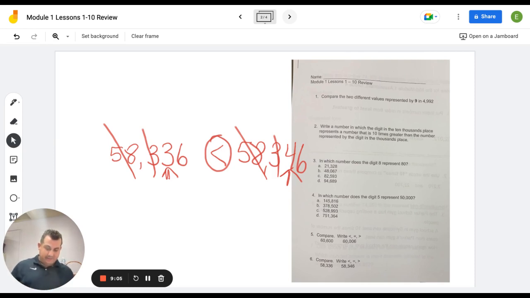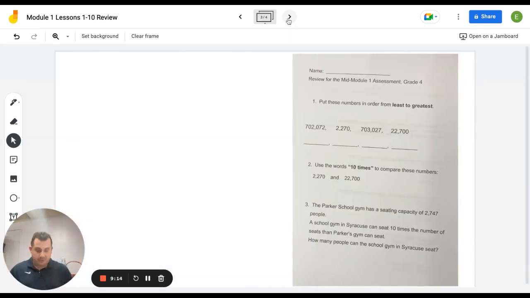Now, that is it for the first page of the review sheet. Okay. If we move to the next page of the review sheet, you're going to see here, we need to put these numbers in order from least to greatest.